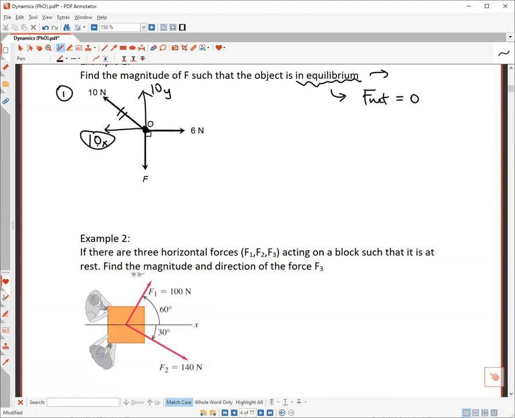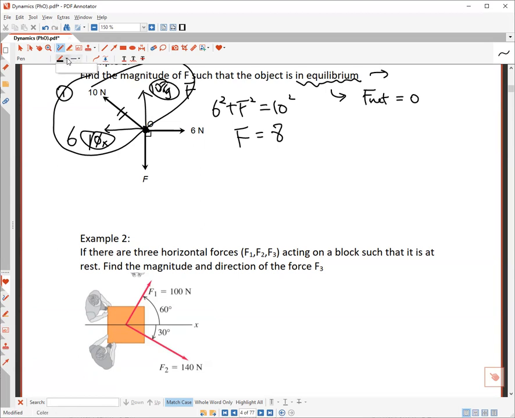So this component should have the magnitude 6, and this one should equal F. Then by looking at the 10 Newton force, you know the components have magnitudes 6 and F, so you can use the Pythagoras theorem. Then you can easily get the answer 8. So this is the first method.